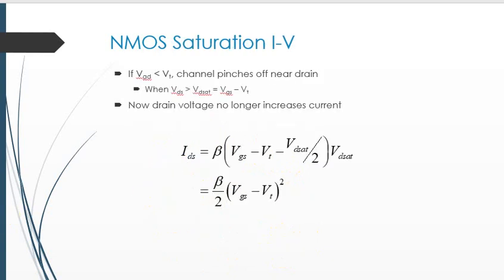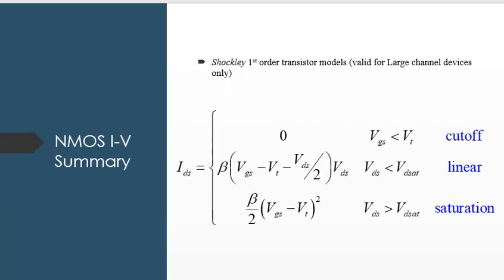Now we will move toward the saturation region, and in saturation we know that VGD is less than VT and the channel pinches off near the drain. So for this reason we can say that VGS minus VT is equal to VDS saturated, and VDS is greater than VDS saturated. Now the drain voltage no longer increases the current, and this is the final equation of our NMOS saturation mode.